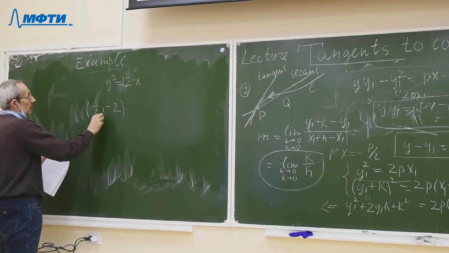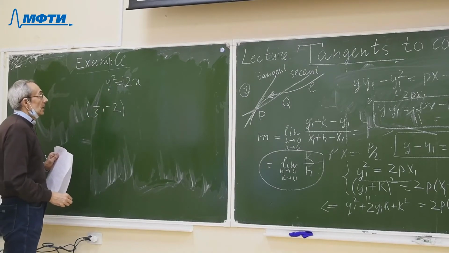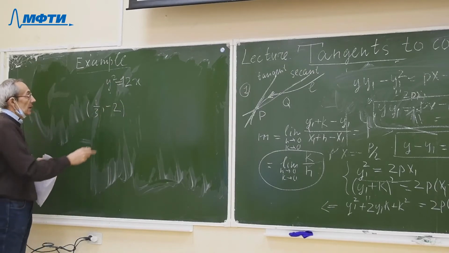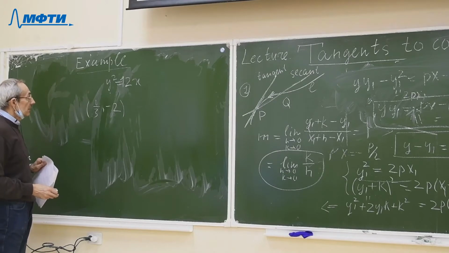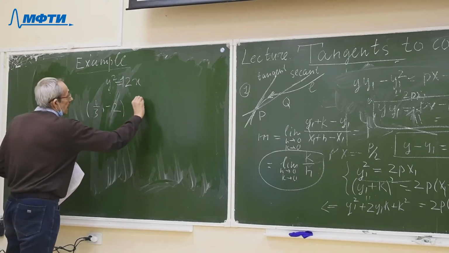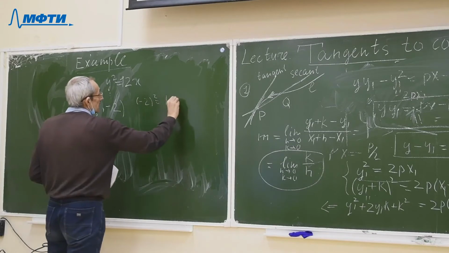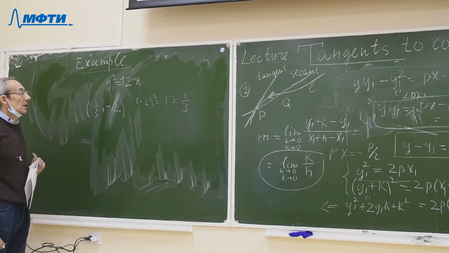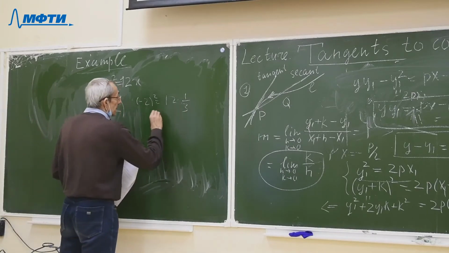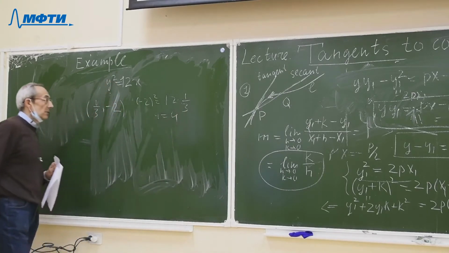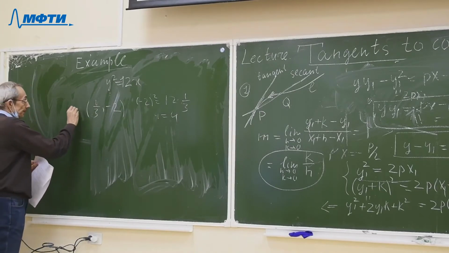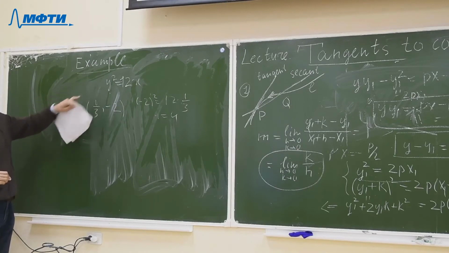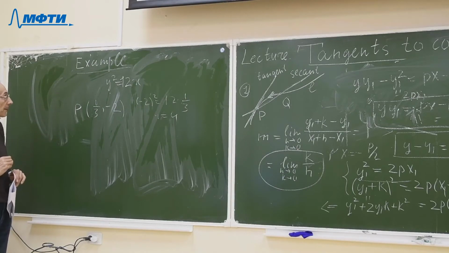Let's check that this point lies on our parabola. Y square, minus 2 square is equal to 4, is equal to 12 times 1 divided by 3, and 4 is equal to 4. And this point actually lies on our parabola.